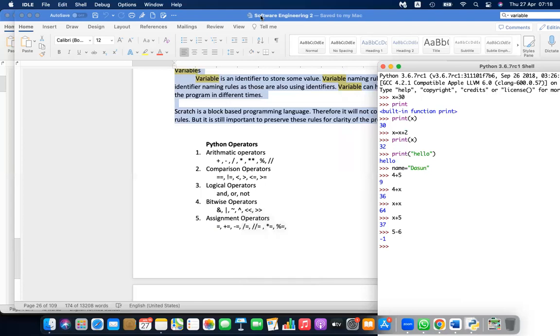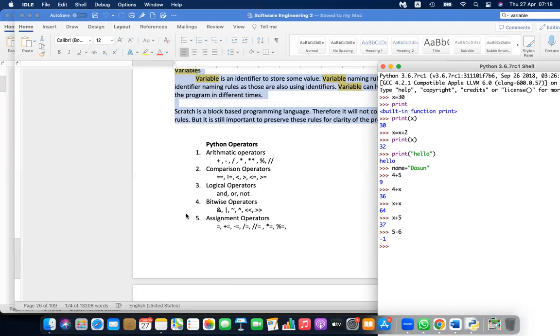We have used this in Scratch. Concatenation, what is it?